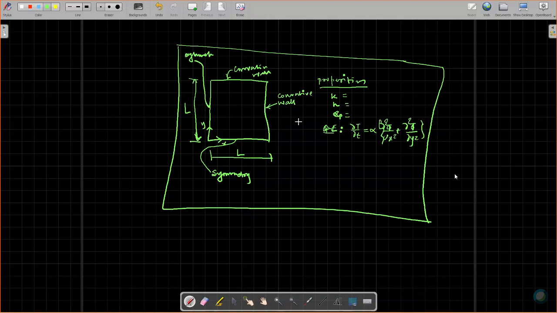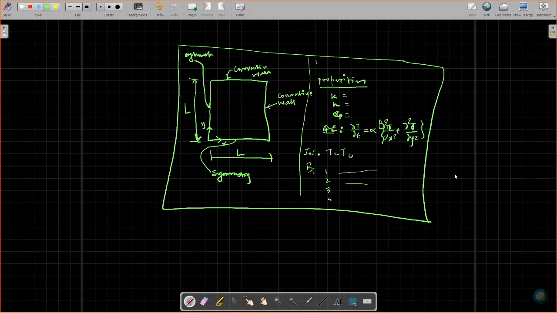Now in this case I am solving with the dimensional variable, so the governing equation, and then the initial condition. What is the initial condition? T is equal to T naught, and then the boundary conditions. Mention left, right, top, and bottom here.